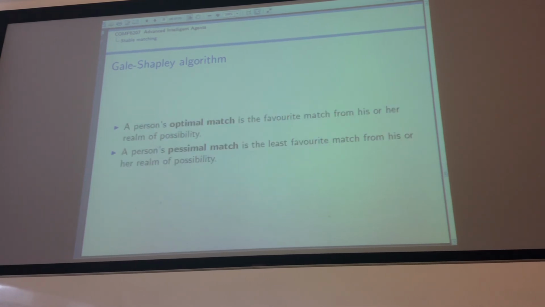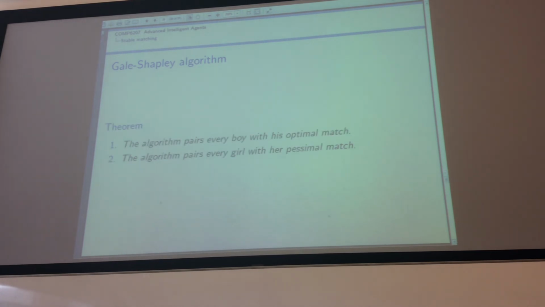Now, the optimal match for a person would be his favorite from his realm of possibility, and the pessimal one would be the least favorite of the same set. What happens is that the algorithm pairs every boy with his optimal match and every girl with her pessimal match.